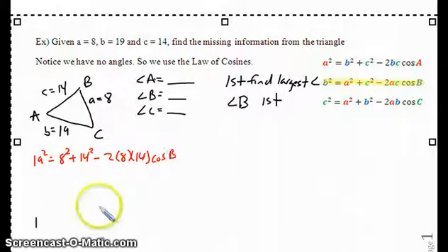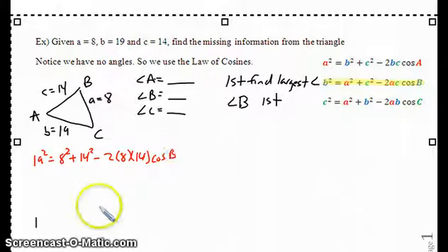So again, when we simplify this, let's figure out what 19 squared is. 19 squared is 361. Doing this, 8 squared plus 14 squared, I get 260.